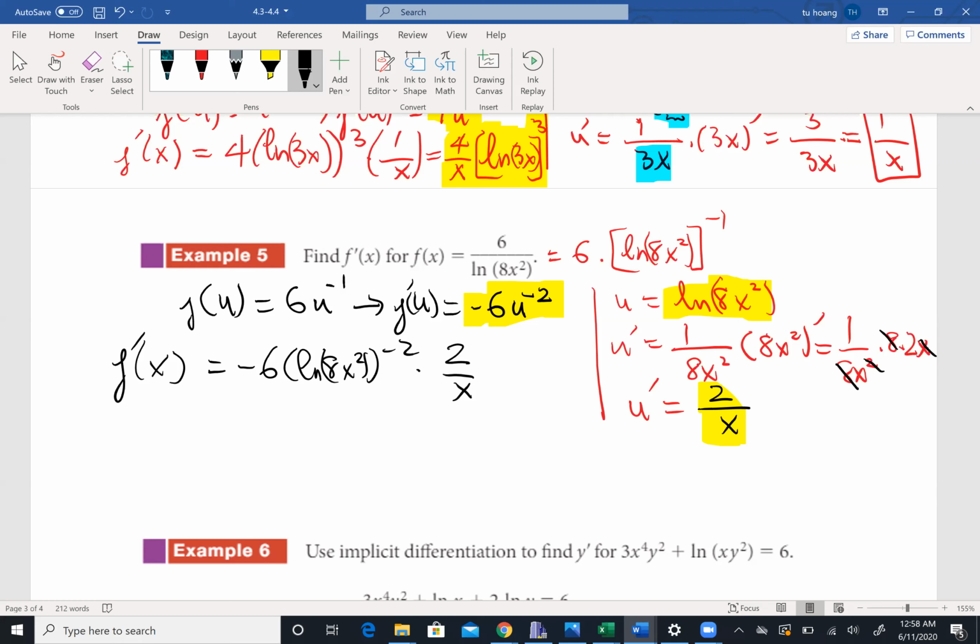Okay, now let's simplify. The derivative of f(x) will be equal to, so -6 times 2 equals -12. Okay, and then I would like to change the ln of 8x squared here to the power -2 to become a positive power. So I'm gonna multiply by 1 over ln of 8x squared, everything to the power 2.